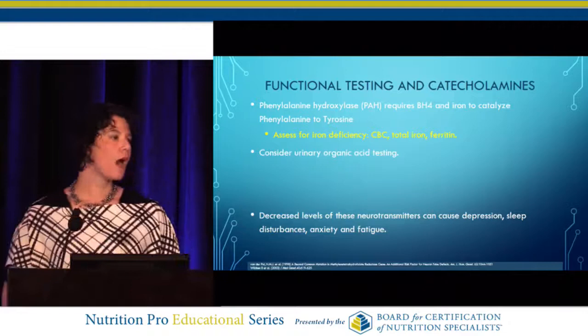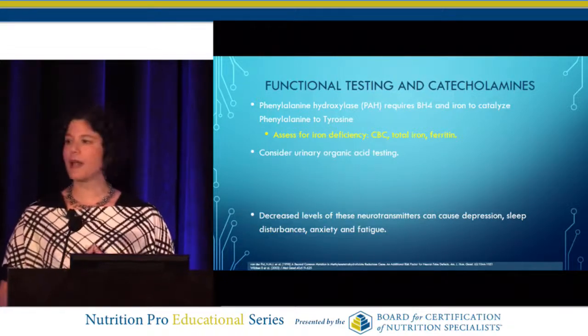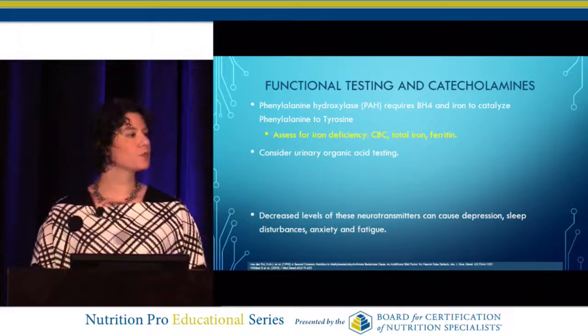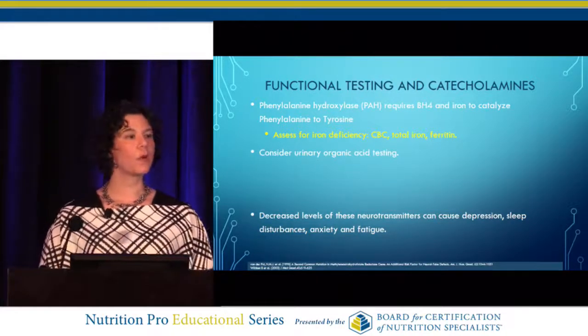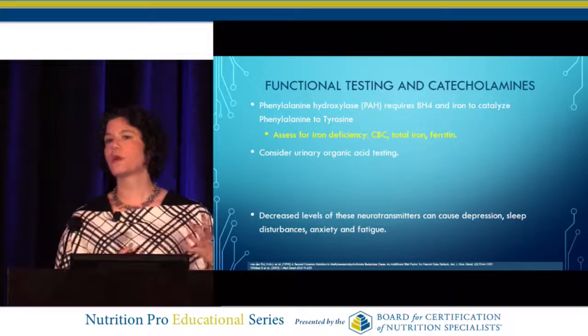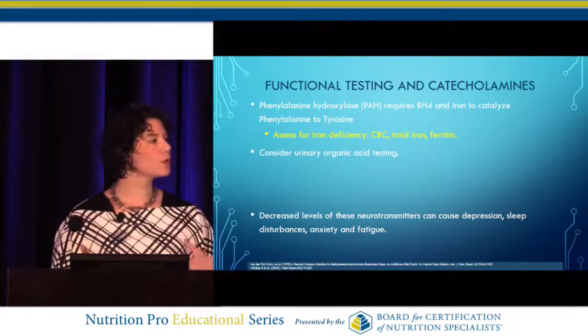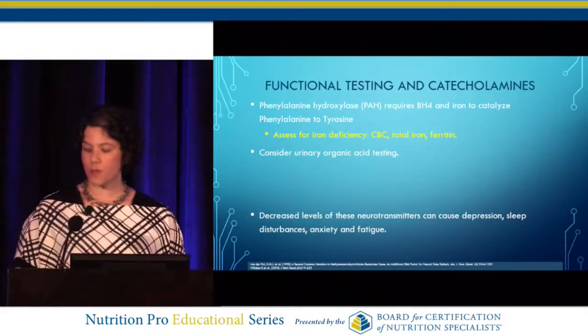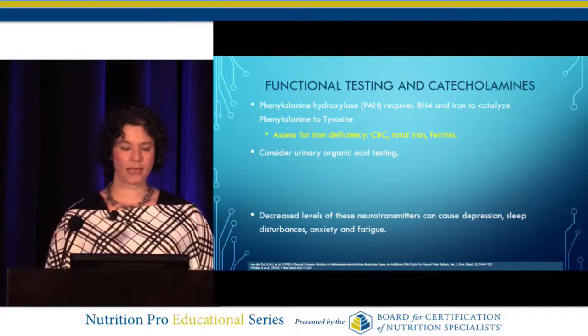If you think about most women in particular, we have the predisposition to have iron deficiency anemias during our childbearing years. So keep that in mind, and certainly also certain diets may predispose towards iron deficiency as well. We also want to make sure that we're looking at urinary organic acid testing.